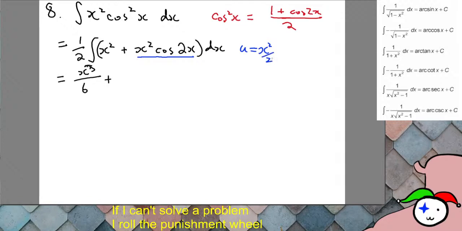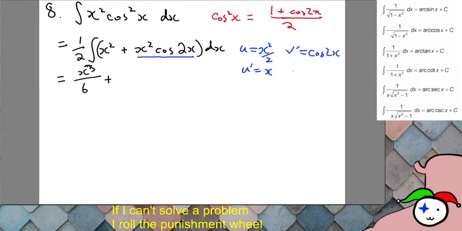Yeah, why not? Let's include that. Halved, which the u derivative is 2x over 2, which is just x, and then you have the second half, which is cosine of 2x.